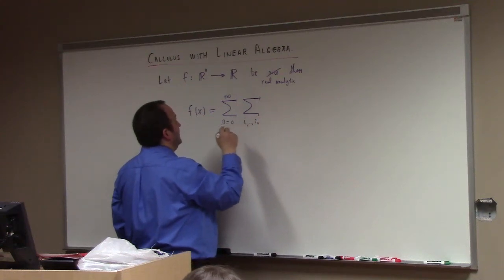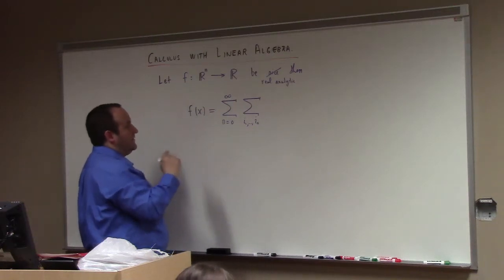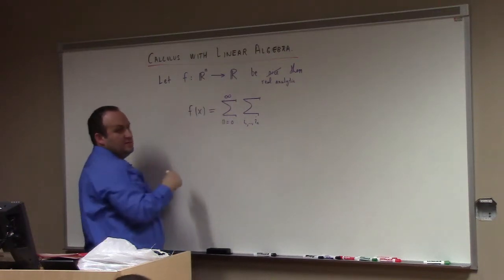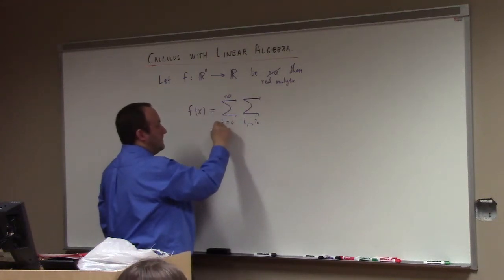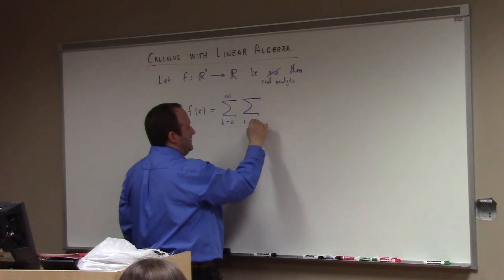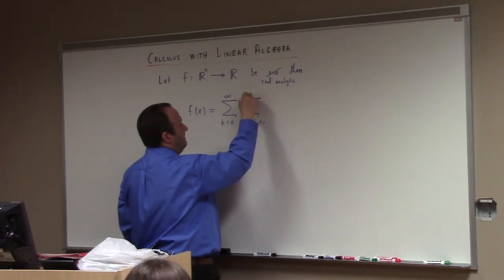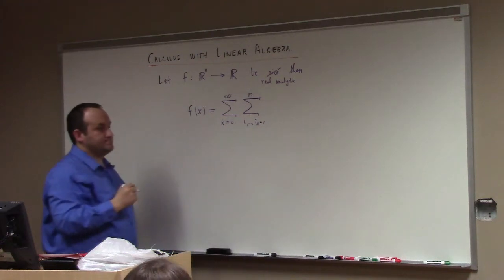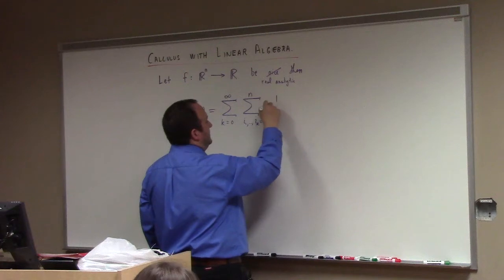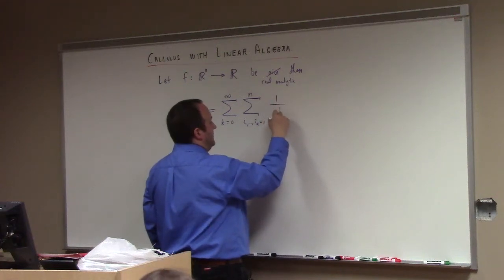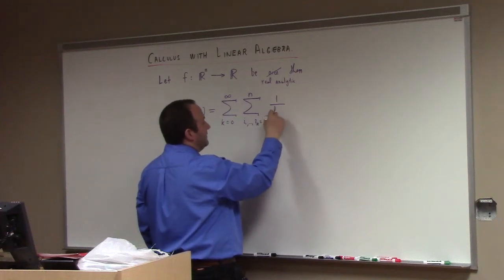I'm sorry, I shouldn't use n here. N has a fixed meaning, the dimension here, and this shouldn't be n. So let's use k here, okay? i1 through ik, and these indices range from 1 to n. All right. And then you got your 1 over k factorial here.